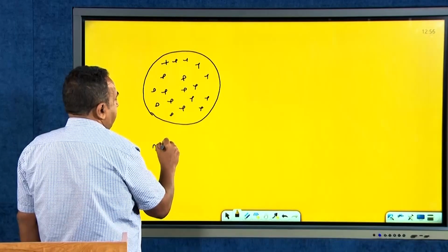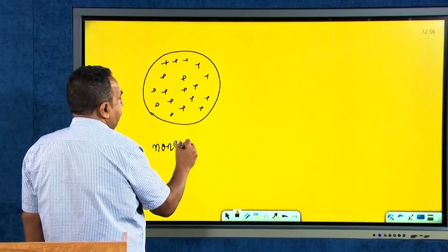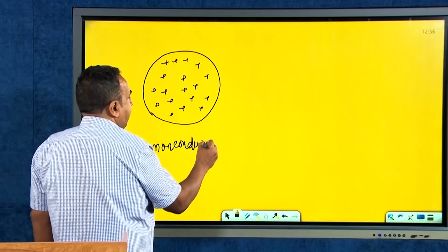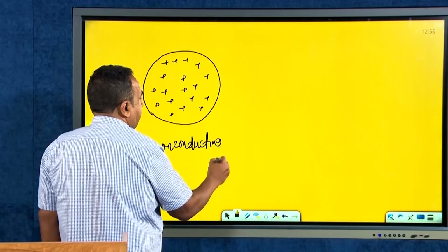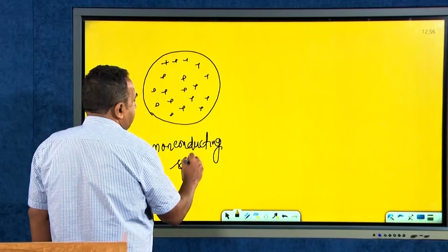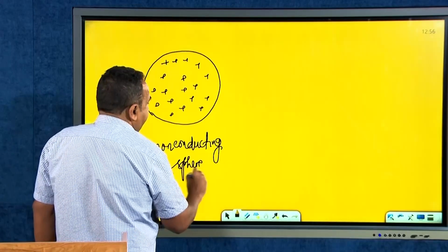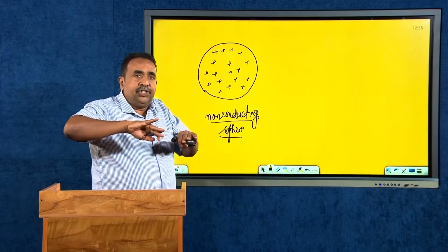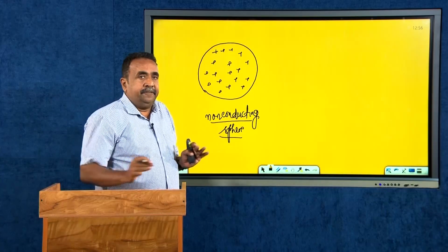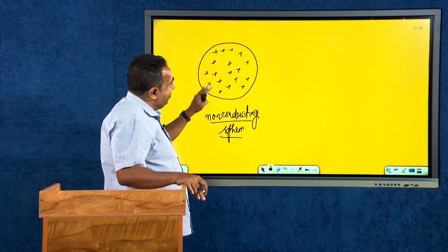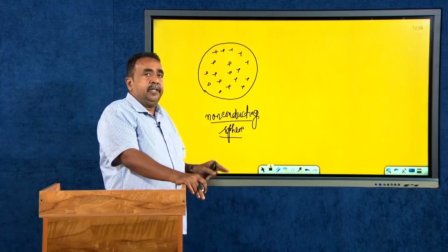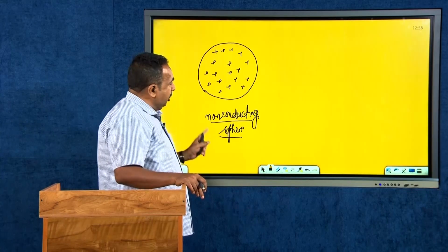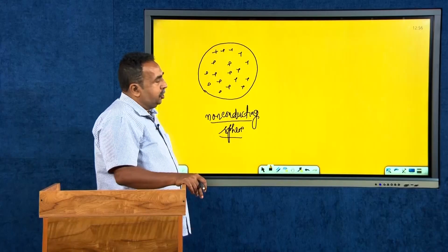If it is a conducting sphere, the situation will be different: the charges will flow, move away from each other and spread on the surface. When I put some charges on this sphere, they must stay there and must not move. That is why I am taking a non-conducting sphere.